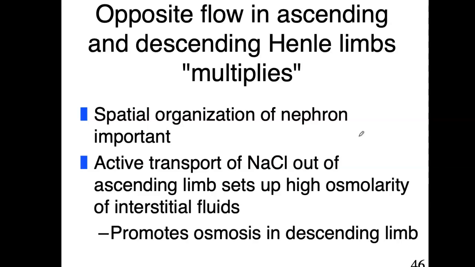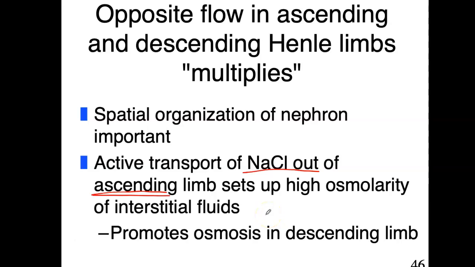What's happening is this active transport of salt, of sodium chloride, out of the ascending limb. Okay, so keep that straight. Salt out of ascending limb. And that makes it so that the osmolarity of that interstitial fluid is high.